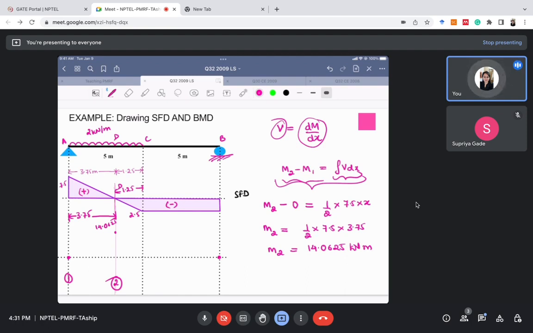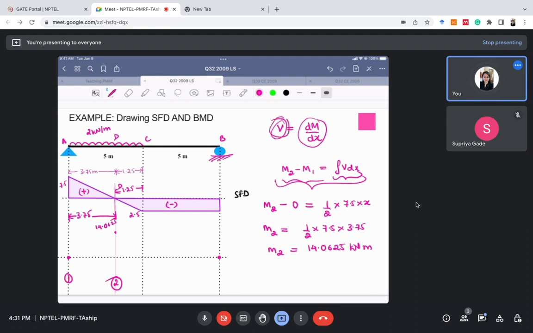Now how is the shear force varying for section 1 2? The shear force is positive but it is decreasing, right? I hope you agree.